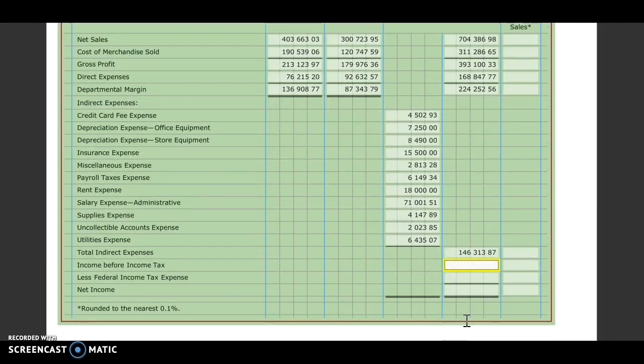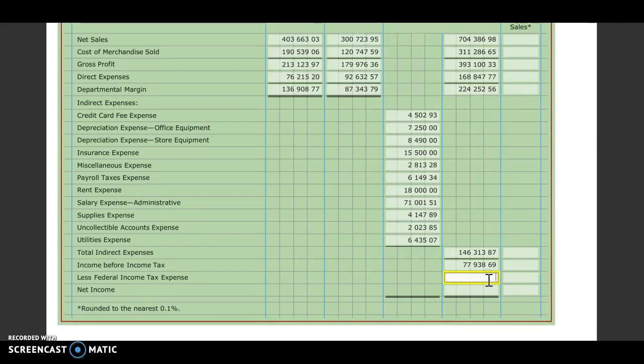Next, I'm going to figure out my income before income tax. I'm simply going to take my departmental margin, the total here for the company, minus my indirect expenses. I should get $77,938.69.